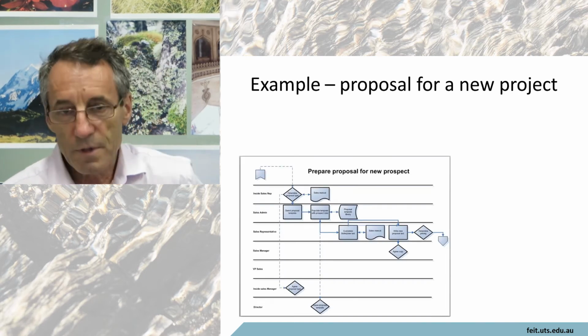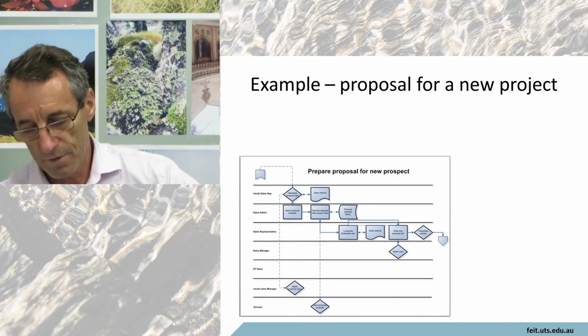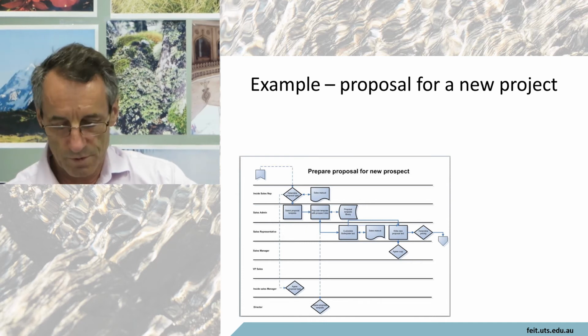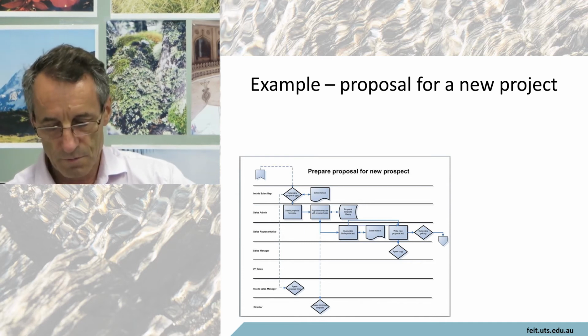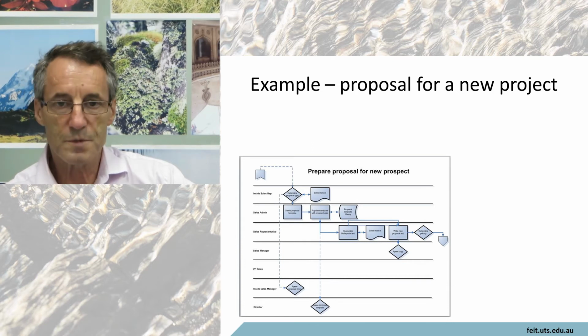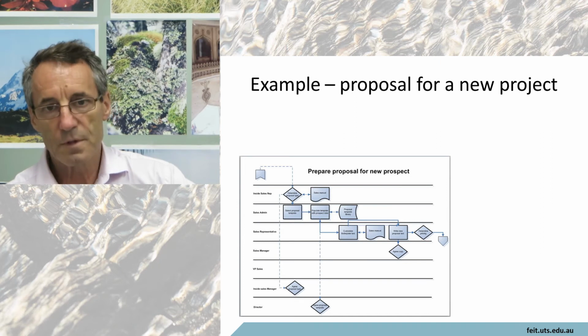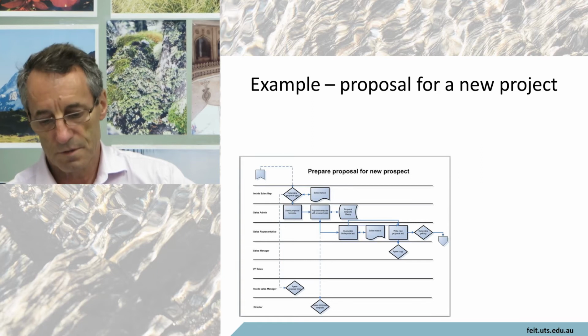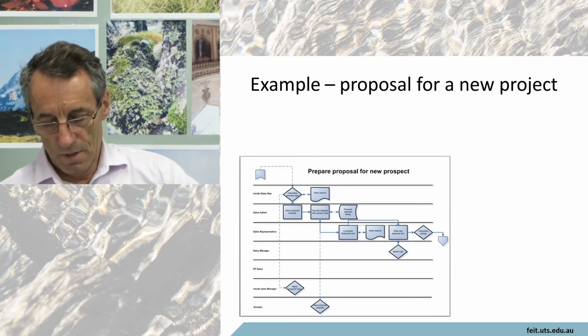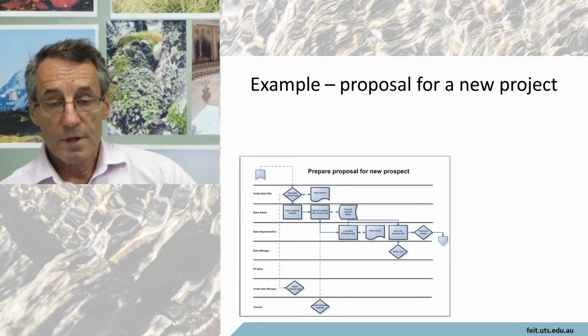So here's an example of a swimlane diagram, a very simple example. It's a proposal for a new project, and you can see it there. This one has been prepared with responsibilities as rows, and the sequence or stages in the process as columns. It gets laid out fairly neatly.